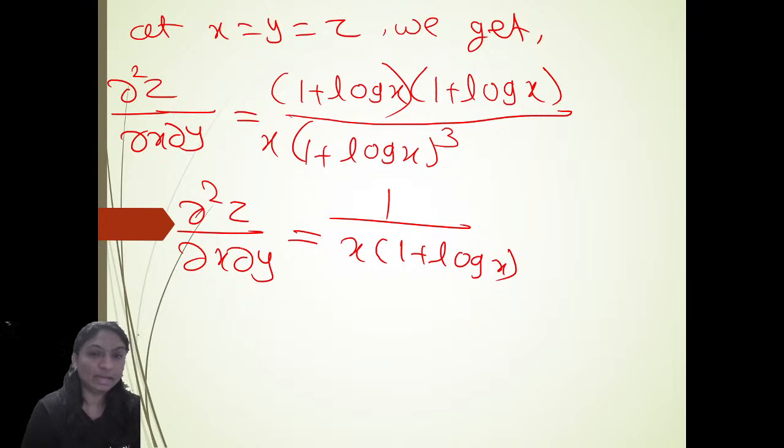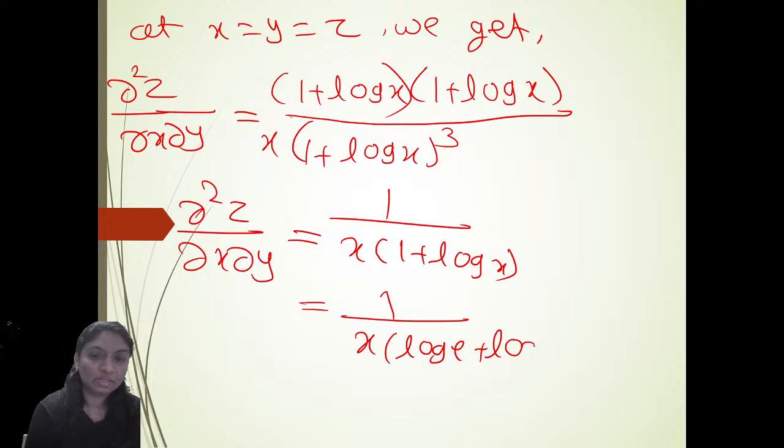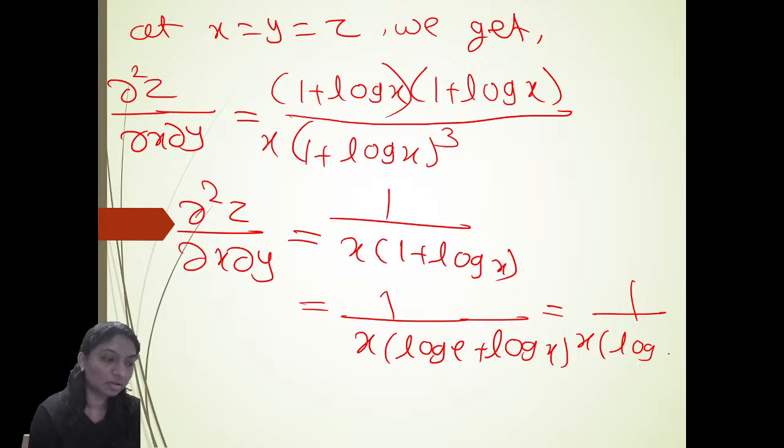So here you will get x into bracket 1 plus log x, right? x into bracket, instead of 1 we can write here log e plus log x. Okay, so log e plus log x, 1 upon x into log e plus log x, it means you will get log e into x, right?